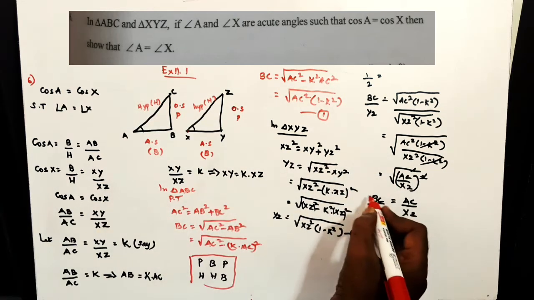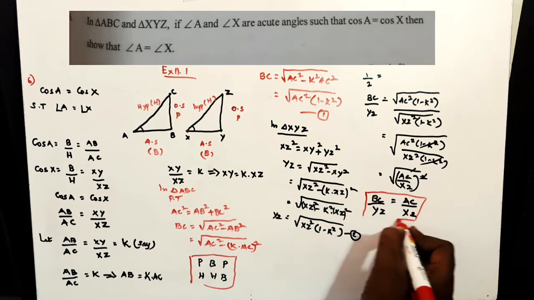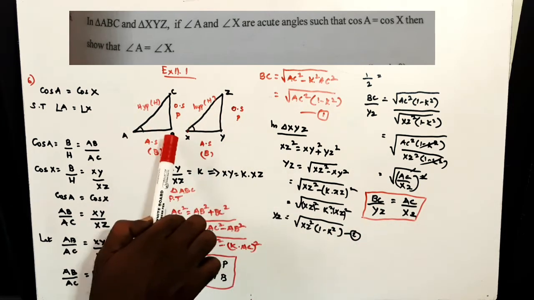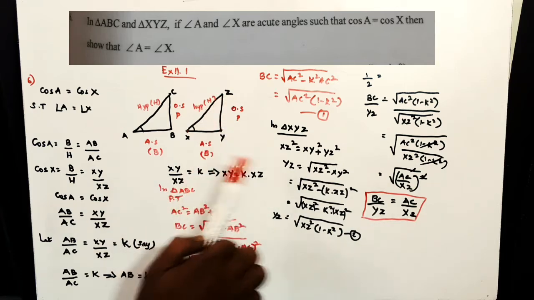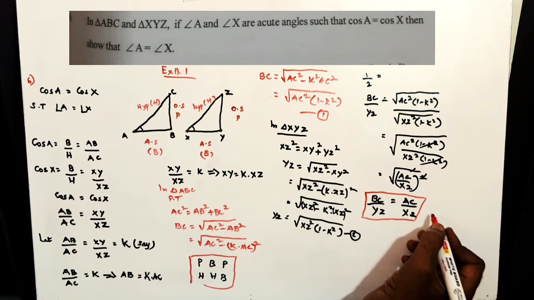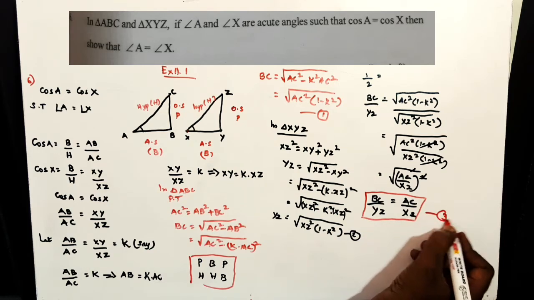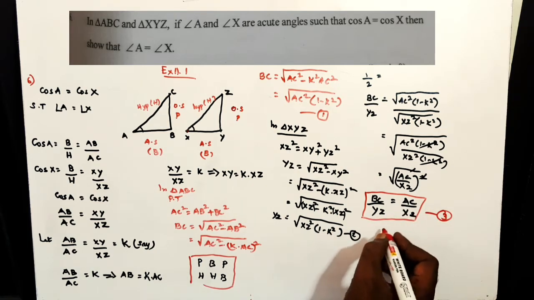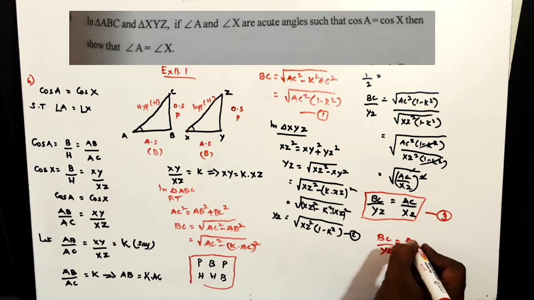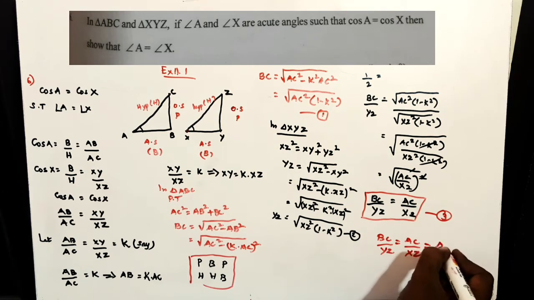So here, if you see, the corresponding sides of the two triangles are in proportion: BC by YZ, AC by XZ. From this equation we can write BC by YZ is equal to AC by XZ is equal to AB by XY.